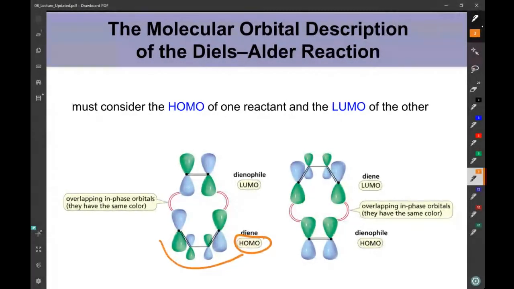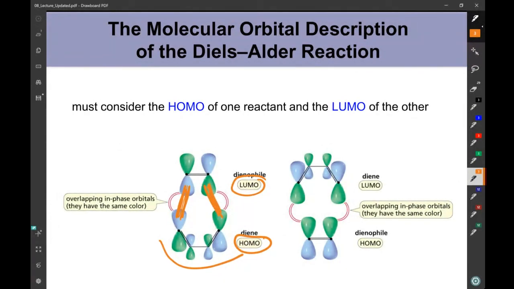I talked to you about that. The HOMO of the diene will interact with the LUMO of the dienophile, and they need to have the same type of symmetry. Here, because the symmetry is the same, these two orbitals will interact.